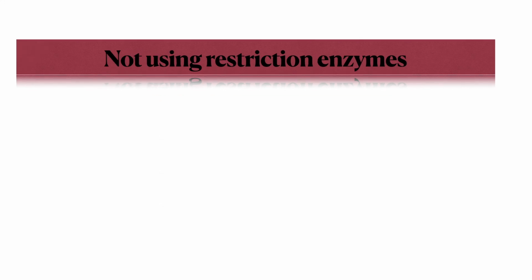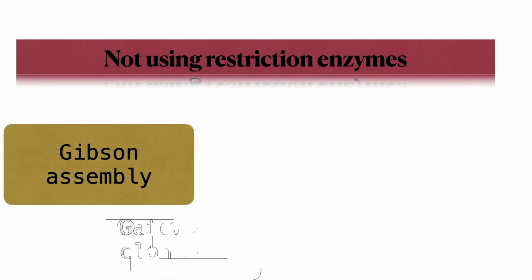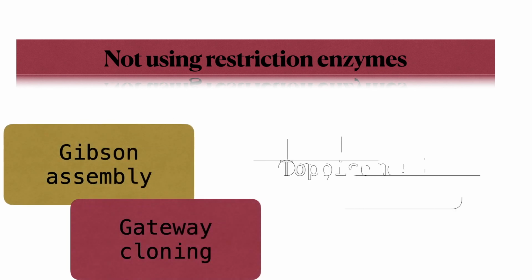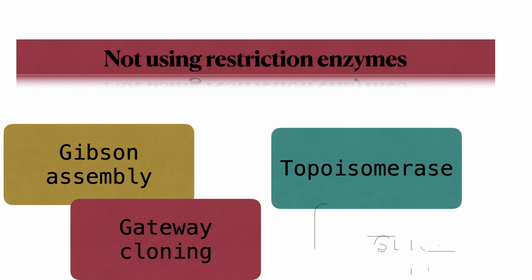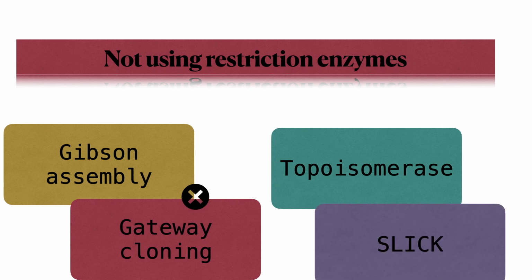And the other type is gene cloning methods that don't use restriction enzymes or use them just once. They are Gibson assembly cloning, Gateway cloning, TOPO cloning, and SLiCE. All of them either do not use restriction enzyme or use it once.